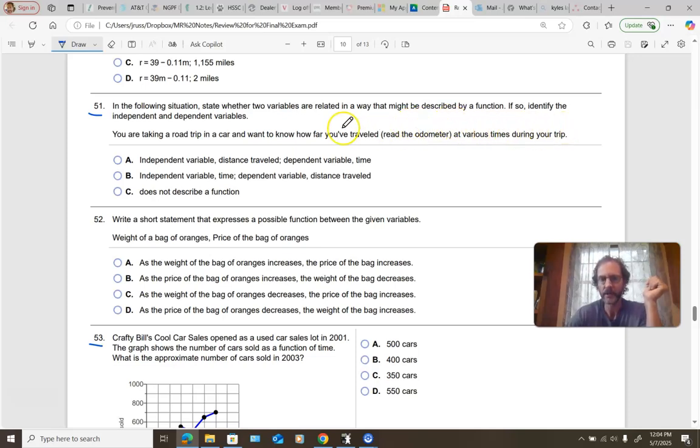Well, basically, one of our variables is the distance that we've traveled, and the other variable is going to be time. If you think about this relationship, distance depends on time. If you want to know how far you've traveled, you need to know how long you've spent driving. So the independent variable is going to be time, and the dependent variable is going to be the distance traveled. So this appears to be choice B.